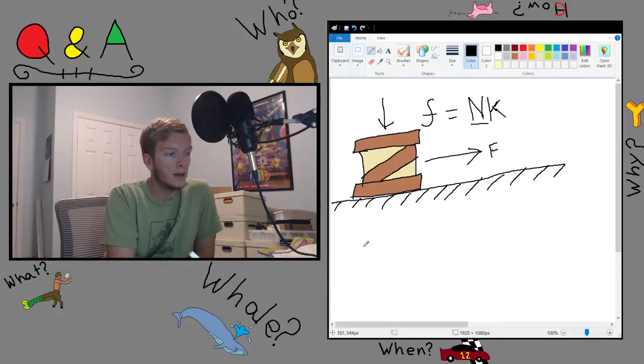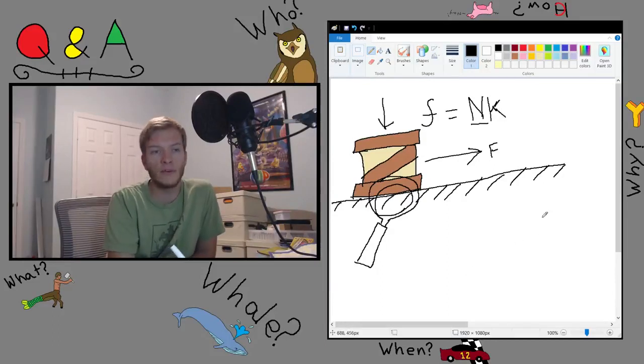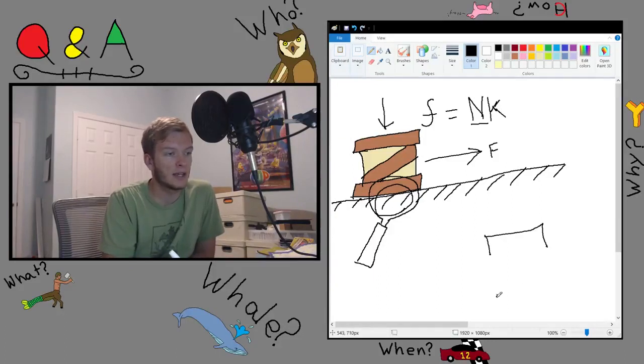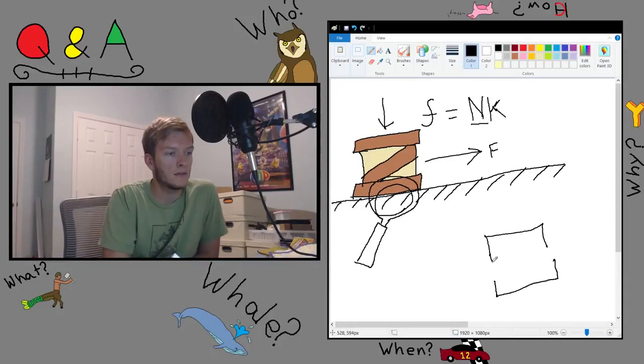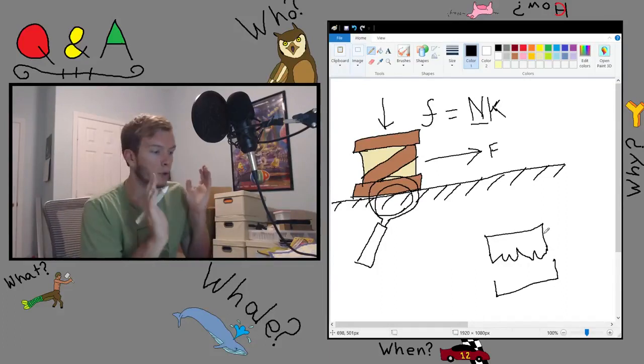But if we take a magnifying glass to this section right here, and we just zoom in, what you'll find is that, so I'm going to draw like this. Oh, sorry, I didn't mean to complete it. So that's going to be a chunk of the box, and this is going to be a chunk of the ground, which I have once again not done what I wanted. The box is going to have some irregularities to it, because everything isn't necessarily perfectly smooth.